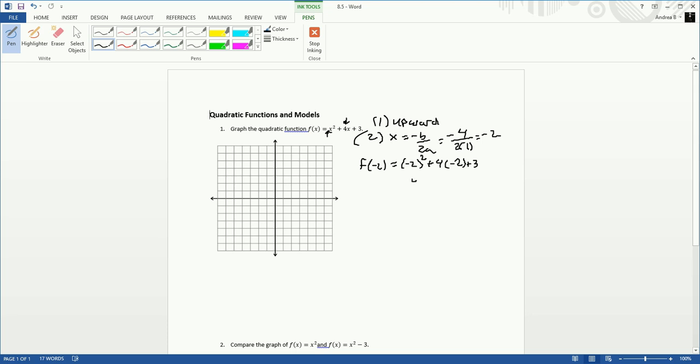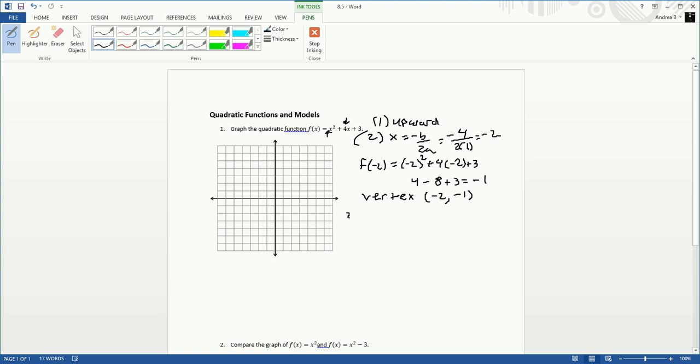Here we'd get a positive 4 since that entire negative 2 is being squared, minus 8 from doing the 4 times negative 2, plus 3. So in this case we should end up with a total of negative 1 for the y value. So for our vertex, the x component is negative 2 and the y component is negative 1.